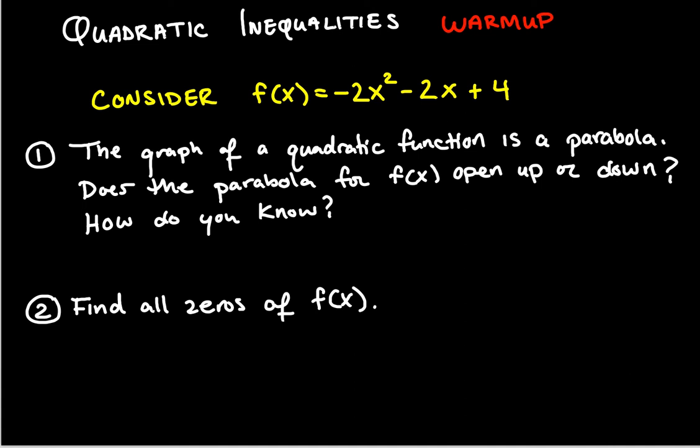Okay, so let's go over the warm-up questions. The first question asks if the parabola opens up or down. Well, this parabola opens down. And the reason it opens down is because the leading coefficient is negative. So a parabola opens down when the leading coefficient is negative.